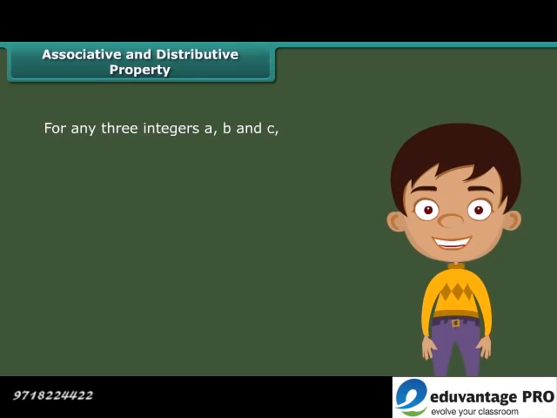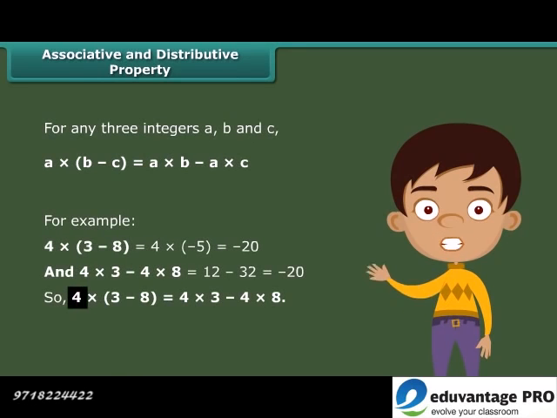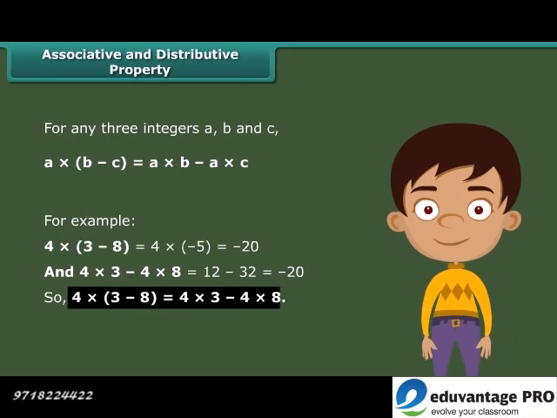Similarly, for any three integers a, b, and c, a × (b - c) is equal to a × b - a × c. For example, 4 × (3 - 8) is equal to 4 × 3 - 4 × 8.